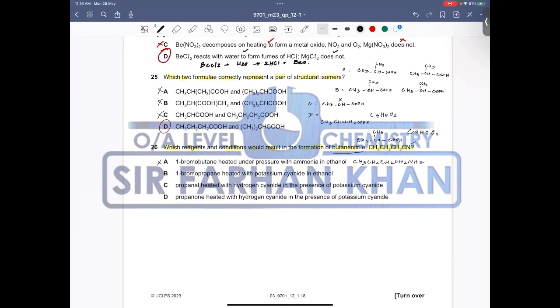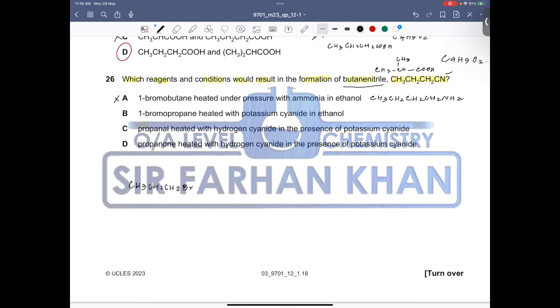1-bromopropane heated with potassium cyanide in ethanol. So if I take 1-bromopropane like this, CH3, CH2, CH2Br, and it reacts with potassium cyanide in ethanol, and ethanol will serve as a solvent, obviously, under heated condition.